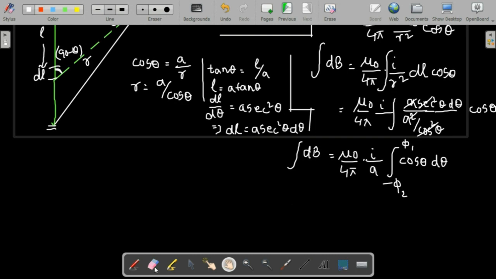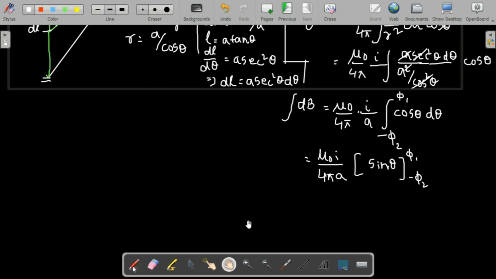So what we can do is simply do our integration here. This is mu naught I by 4 pi a, and cos theta, if you integrate it, is sine theta, from minus phi 2 to phi 1, right? Further, it's nothing but mu naught I by 4 pi a.